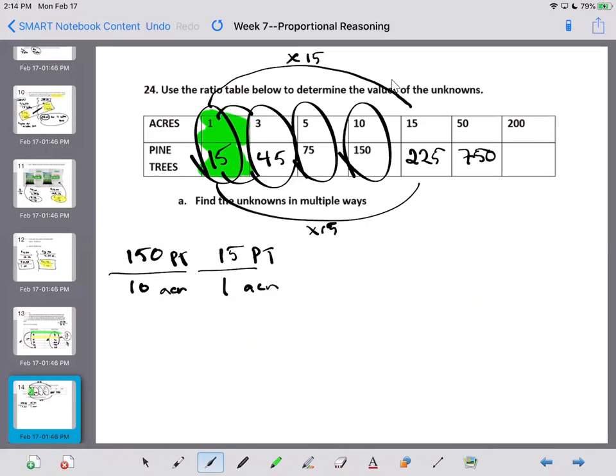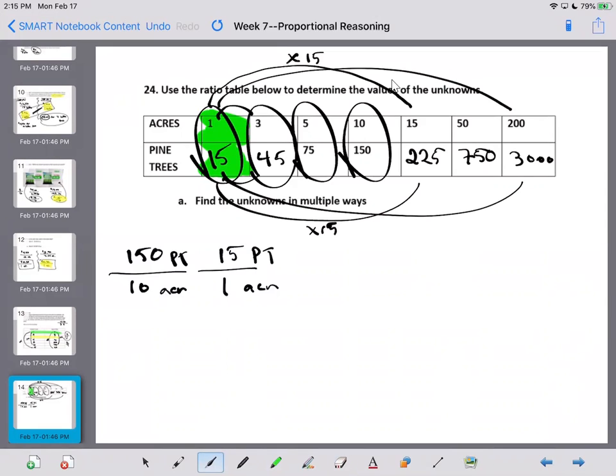750 divided by 50, that's back to 15. And then 1 multiplied by 200. Take 15, multiply it by 200, and you have 3,000. So 3,000 divided by 200, you're back to that 15 to 1 unit rate.